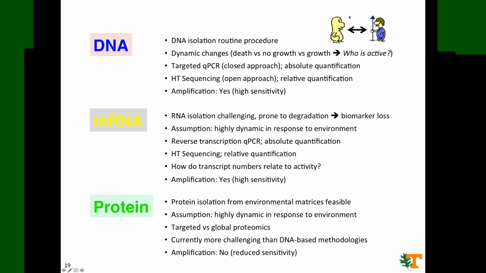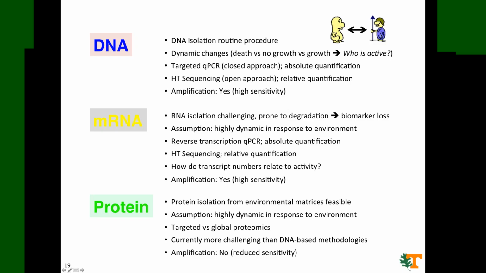But think about this example of versatile versus specific lifestyle. Dehalococcoides, some Pseudomonas that can do many things. You see dynamic changes over time. The cells die, they don't grow, or they do grow. And now, just by looking at the DNA in a quantitative fashion, can tell you something about activity.